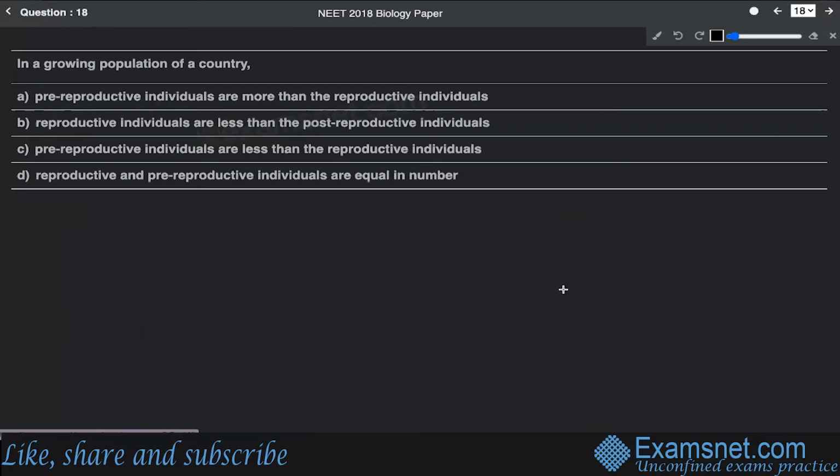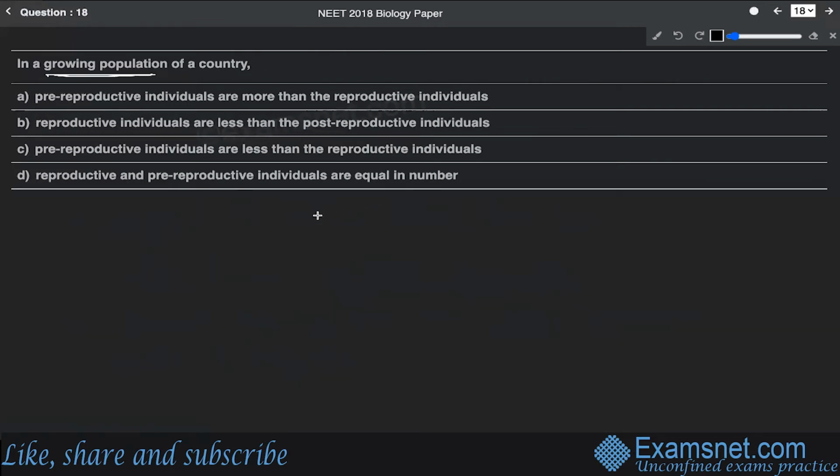Now, question number 18. Question number 18 says that in a growing population of a country, the pre-reproductive individuals are more than the reproductive individuals. The reproductive individuals are less than the post-reproductive individuals. Then the pre-reproductive individuals are less than the reproductive individuals, and then reproductive individuals and pre-reproductive individuals are equal in number.